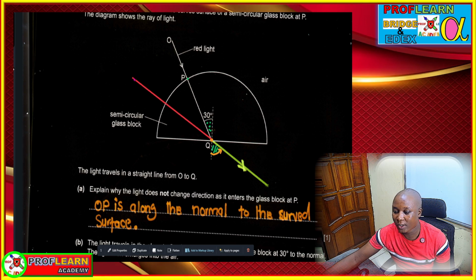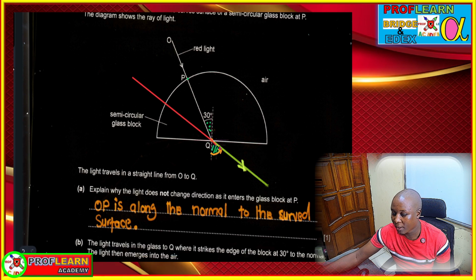If this angle is increased, the angle of refraction down here also is going to increase, meaning the ray is going to bend towards the boundary. It will reach a point where the angle of incidence is greater than the critical angle, then total internal reflection will take place. All the rays will be reflected internally.